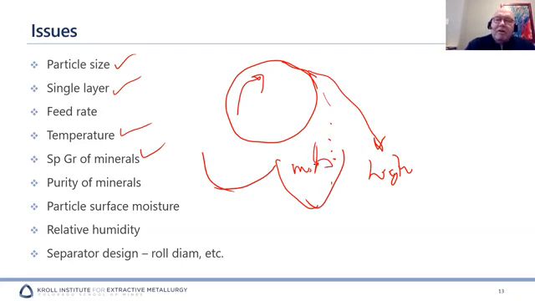So the specific gravity plays a role in how far the drum throws the conductors off. How pure the mineral is, moisture, surface moisture is bad. The moisture can mess up the conductivity, and that goes for the humidity and the design of materials.